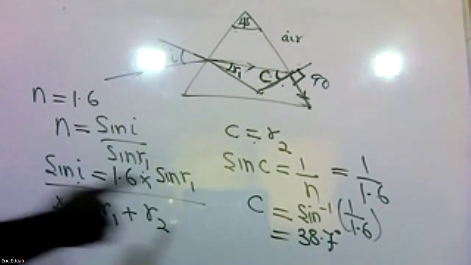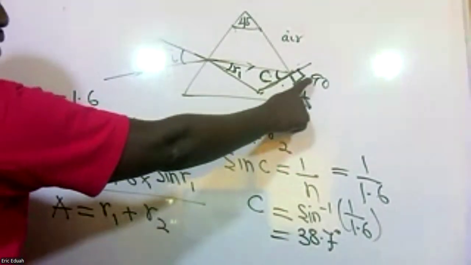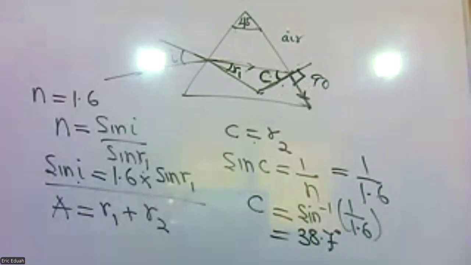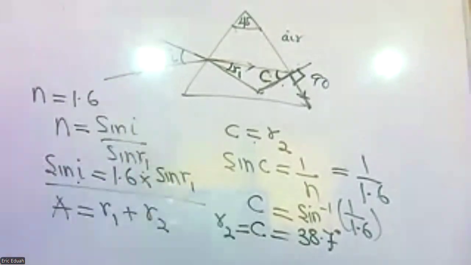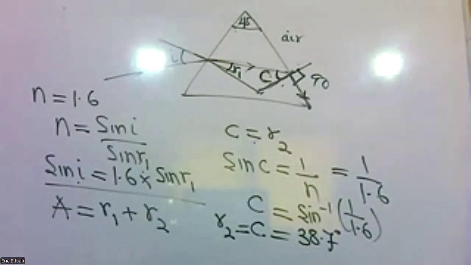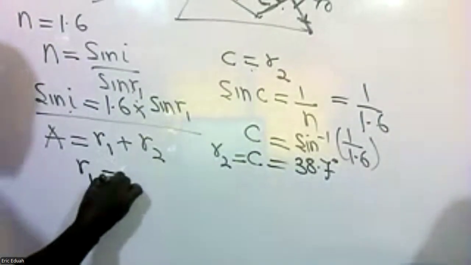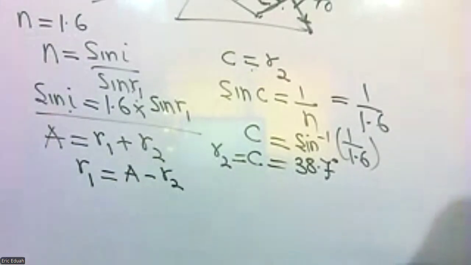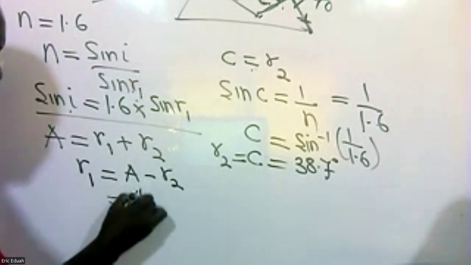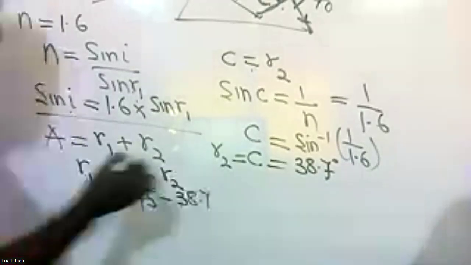So this is the critical angle for which R must be 90 and C is equal to R2. So if C is equal to R2, therefore R1 would be equal to A minus R2, which is 45 minus 38.7.